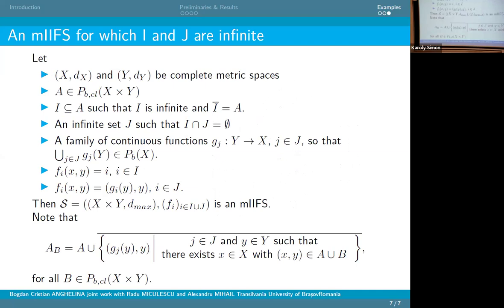Here I don't have a picture, but if we start with two complete metric spaces and we have some closed and bounded set in their product, if we choose I infinite and dense in A, and some infinite set J such that it is disjoint from I, we can choose some functions G such that with F_i defined as just the index for any point when the index is from I, and with this pair when the index is from J, then this system can be shown to be an MIIFS, and the attractor is the one we see down here.